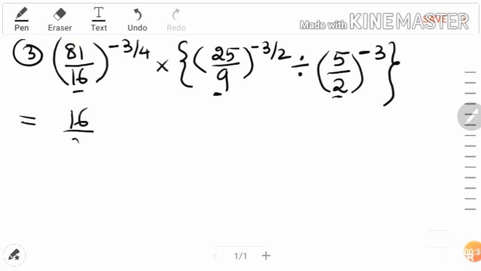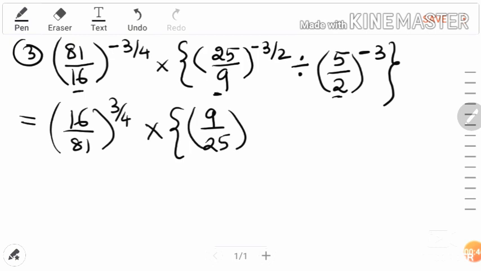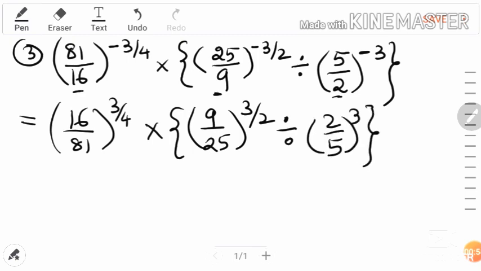So 16 on 81 to the power 3 on 4 into curly brackets 9 on 25 to the power 3 on 2 divided by 2 on 5 to the power 3, curly bracket close.